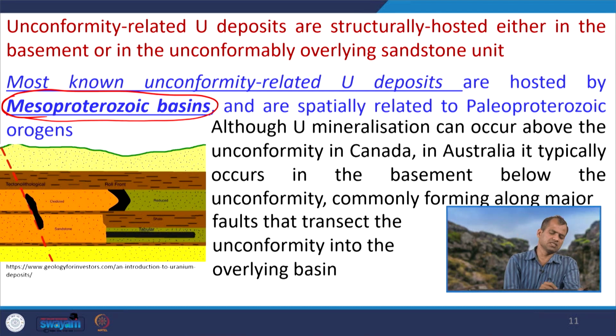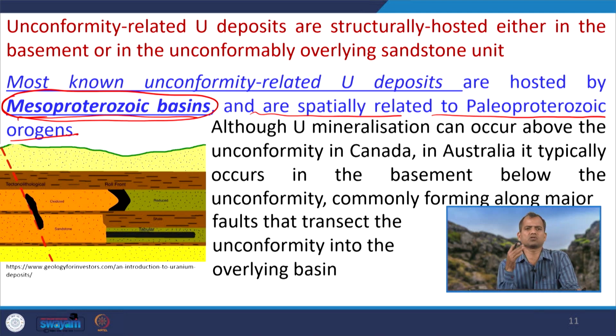So, these Mesoproterozoic basins are largely spatially related to Paleoproterozoic orogenesis. After that orogenesis, whatever basins were formed, the redox condition was prevailing at that time and the sediments were deposited within those basins.